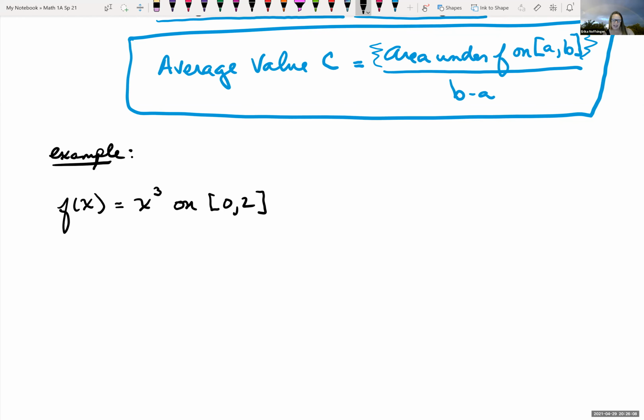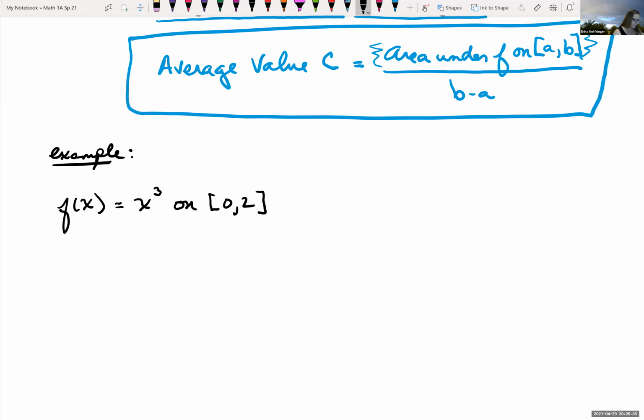So now we're looking at an example, finding the average value. The directions in our textbook say use a finite sum to estimate the average value of f on the given interval by partitioning the interval into 4 subintervals of equal length and evaluating f at the subinterval midpoint.